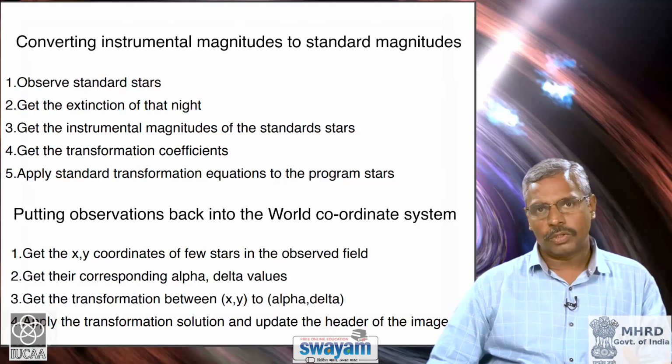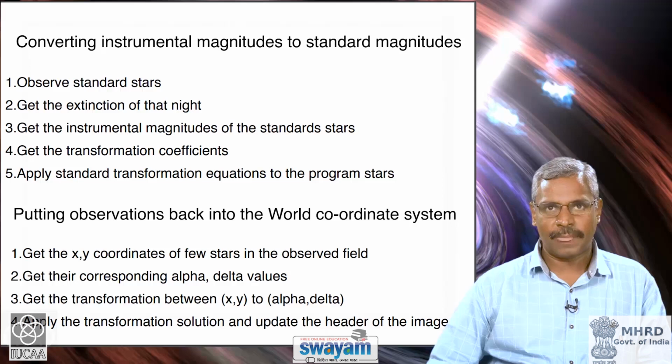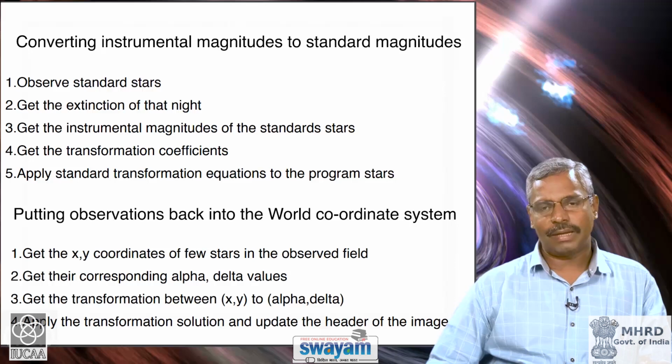Now, once you have the brightness of all the targets recorded in a suitable frame, we have to bring these observations into some standard units. This is normally achieved by performing what are called calibration observations, or standard star observations.